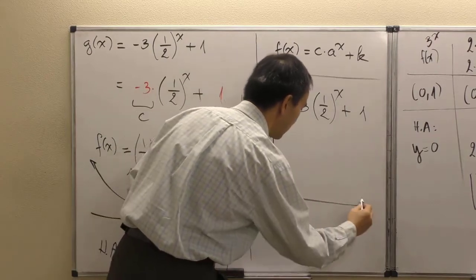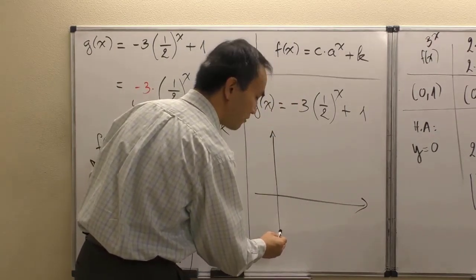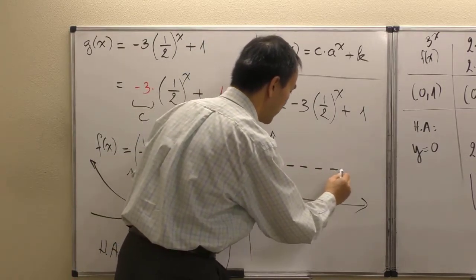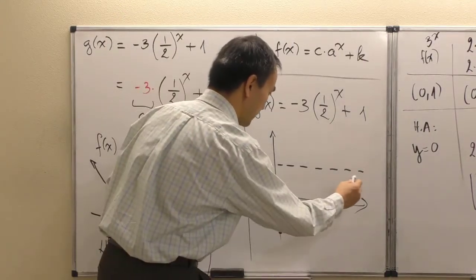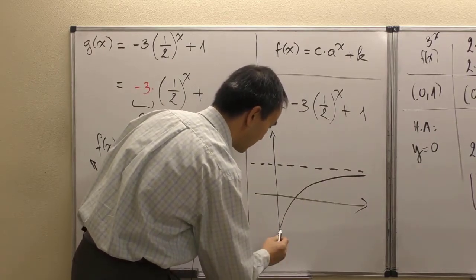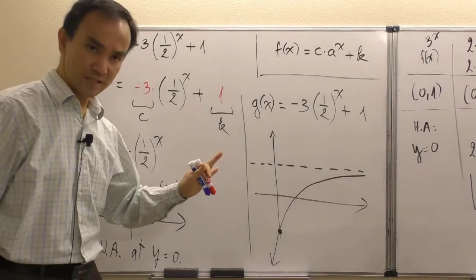It looks like we had a y-intercept somewhere down here below the x-axis, and a horizontal asymptote somewhere up here above the x-axis. The graph goes like that. That's what it looks like.